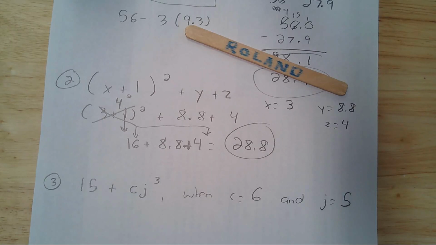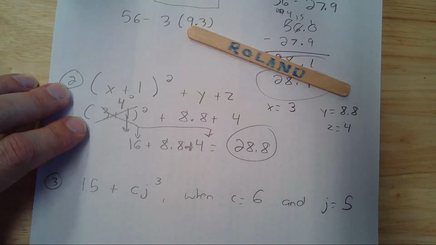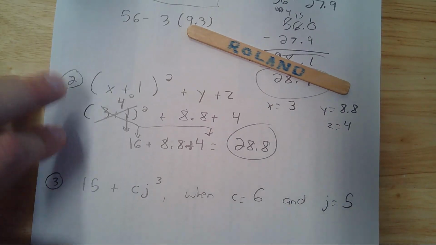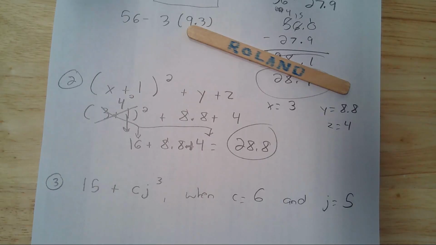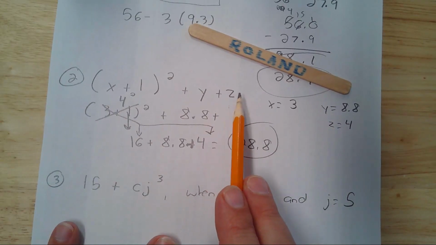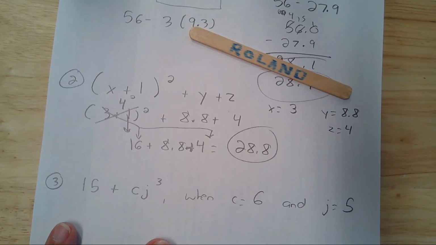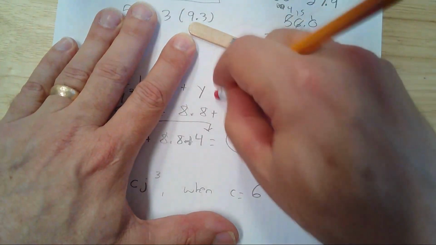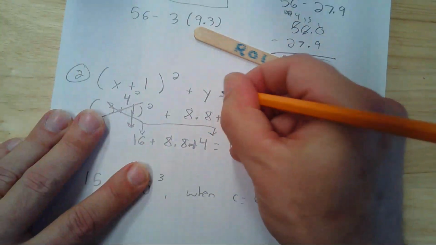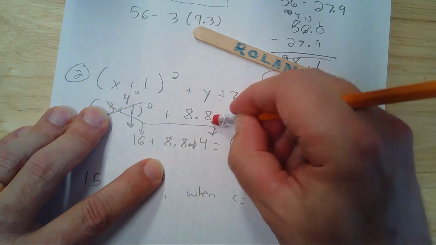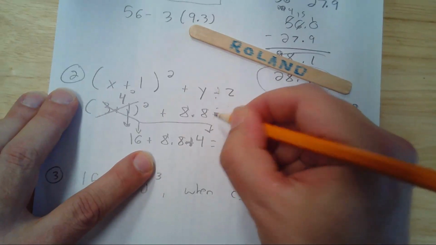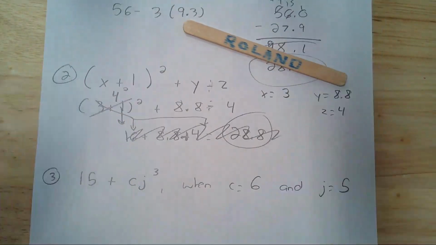So 28, that can't be right. It's not what the book has. What did I do wrong here? You added the 4. Am I supposed to add Z? Divide Z. Oh, divide Z. I wrote add Z. Okay. Yeah, and then 4 goes into 8. Let's back this whole thing up a bit, because none of that's right at this point.